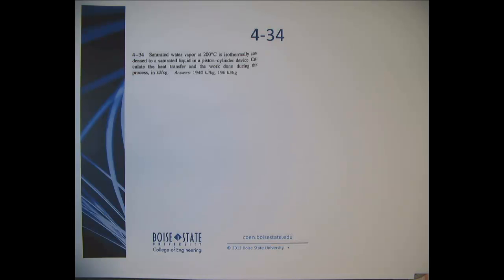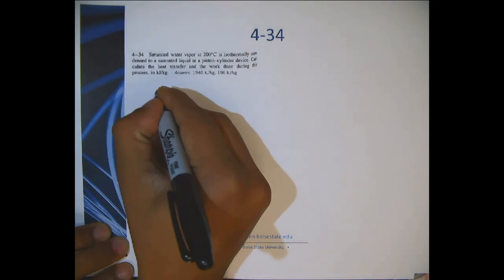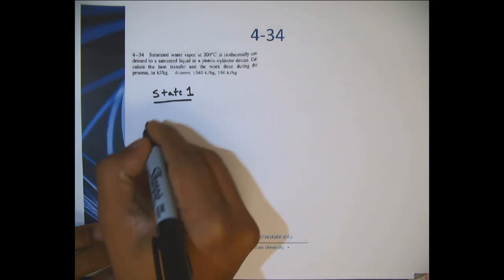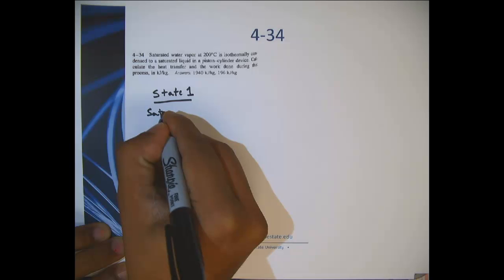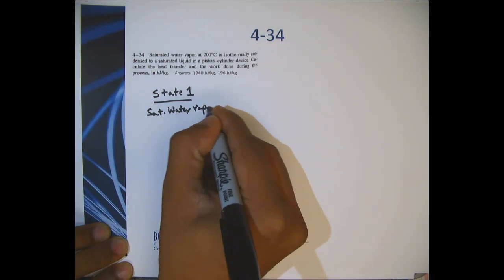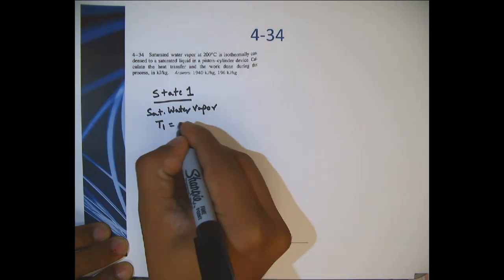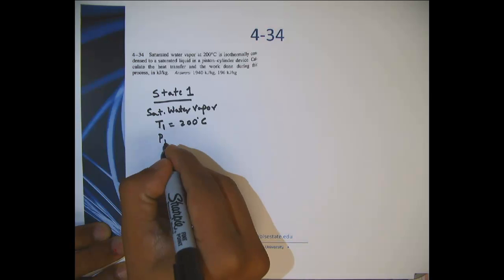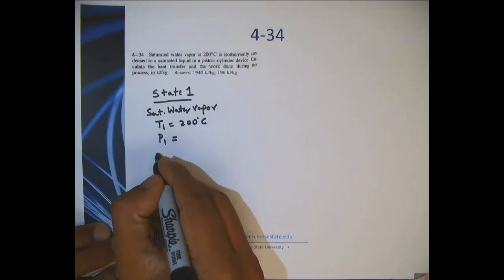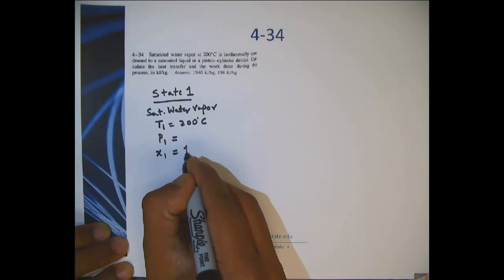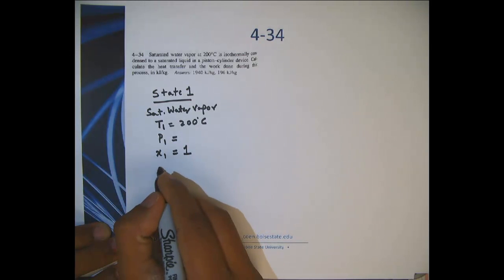Now let's first identify what we are given at state 1 and state 2. At state 1, you're given that it is saturated water vapor. You're given a temperature of 200 degrees C. So I can compute a pressure at this. I know that since it is saturated water vapor, the quality is 1.